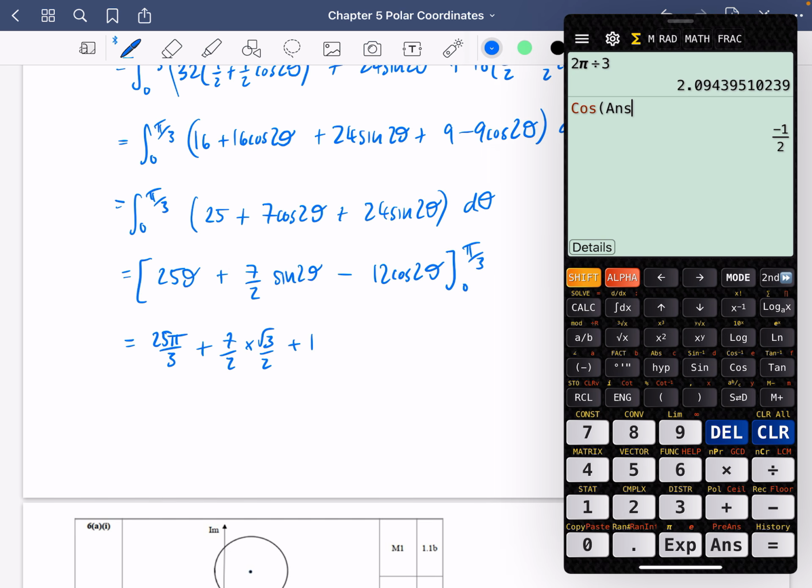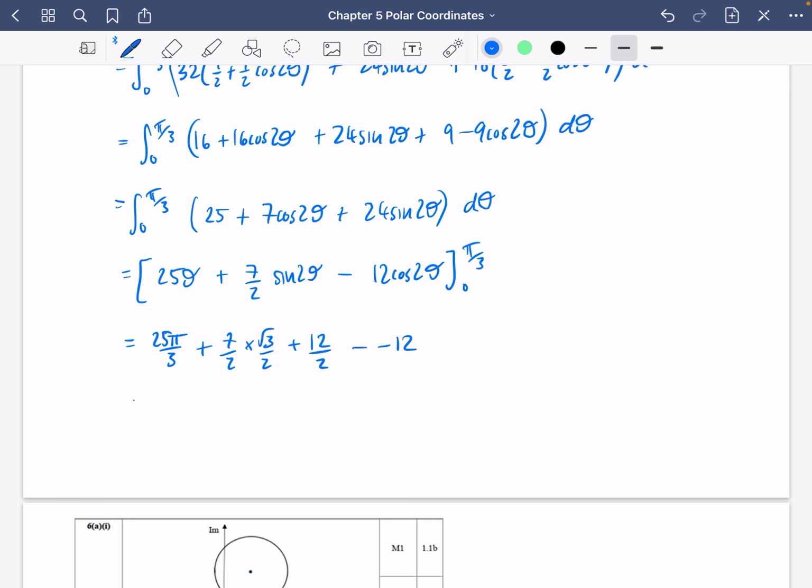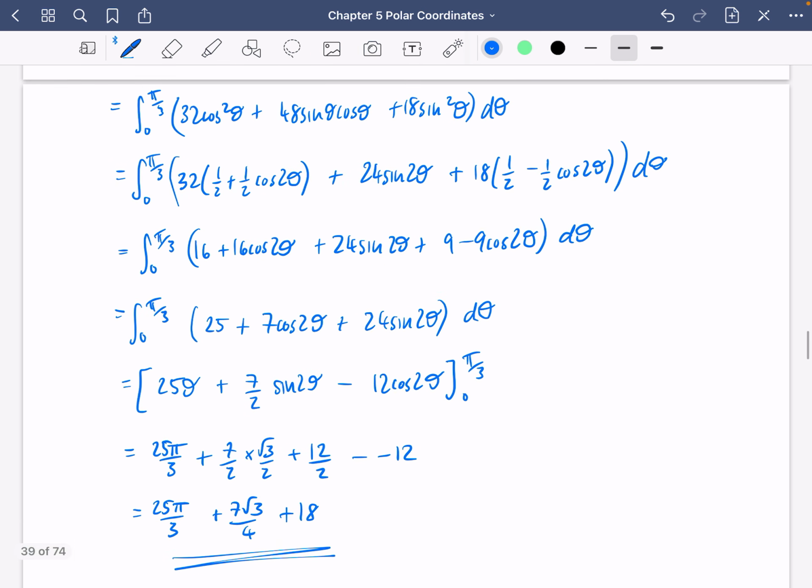So it's going to be plus 12 times a half, which is this. And then when I put 0 in, this is going to be 0, this is going to be 0, and this is going to be 12, or minus 12. So I'm doing minus 12. Okay, so we get 25 pi over 3 plus 7 root 3 over 4 plus 6 plus 12, which is plus 18.